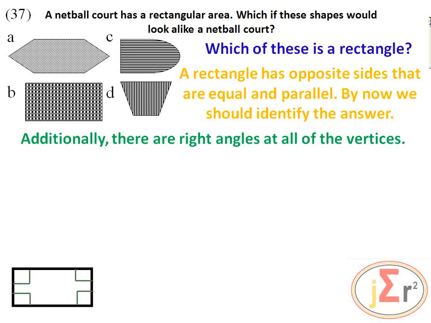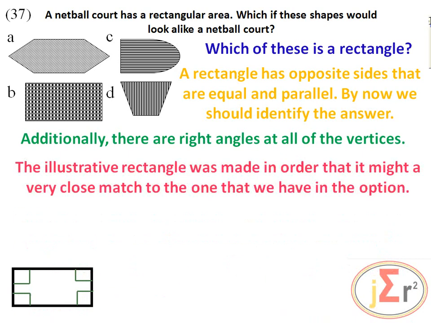So it has 4 right angles and the opposite sides are equal and parallel. The illustrative rectangle was made so that it might be a very close match to the one that we have in the option. So we did not just put our rectangle right here and hope that it would fit, but we put a rectangle that is sure to fit.